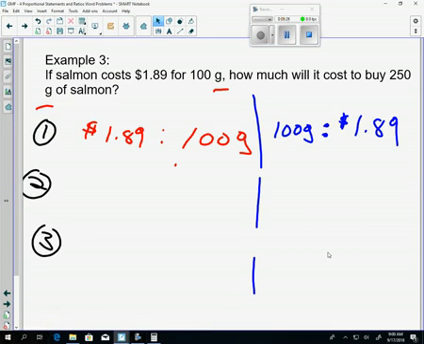And last example, if salmon costs $1.89 for 100 grams, how much will it cost to buy 250 grams of salmon? Okay, so we can write that again as a ratio. $1.89 for 100 grams. So the ratio is $1.89 to 100 grams.